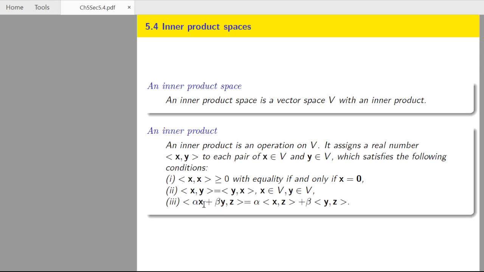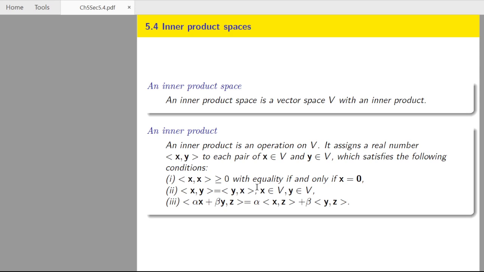We can write it as alpha times the inner product between x and z, plus beta times the inner product between y and z. So it sounds like we can work on this separately and then pull the scalar alpha to the outside.